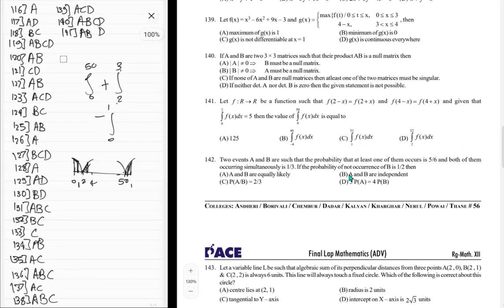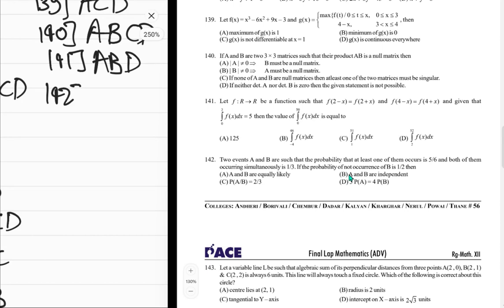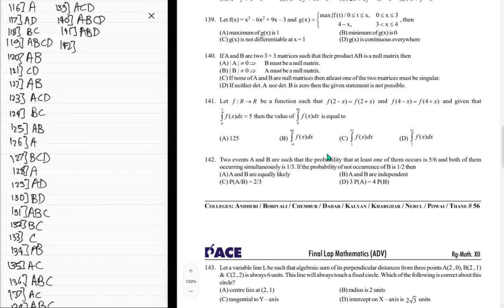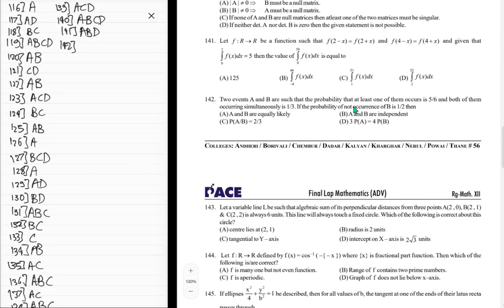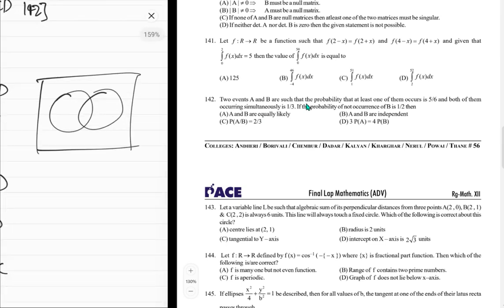Next is 142. Two events A and B are such that the probability that at least one of them occurs is 5/6, and the probability of both of them occurring simultaneously is 1/3. Draw a Venn diagram, same thing, let's draw it a bit bigger.